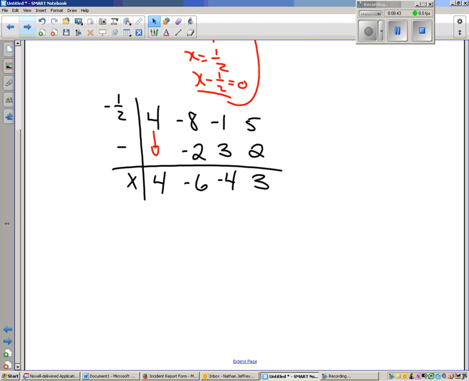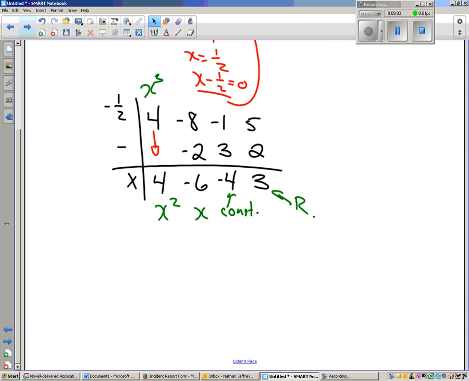This was an x cubed, so what's left here is going to start at a degree less. So we've got an x squared and an x, this is our constant, and this bit is our remainder.